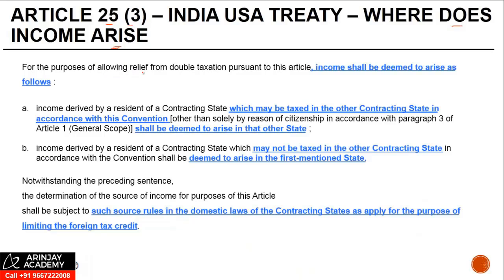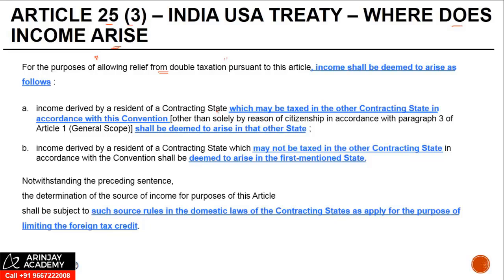For the purpose of allowing relief from double taxation pursuant to this article. What this first line does is, it says that the rules which we are going to discuss for the purpose of income which shall be deemed to arise are only meant for the purpose of allowing relief from double taxation.